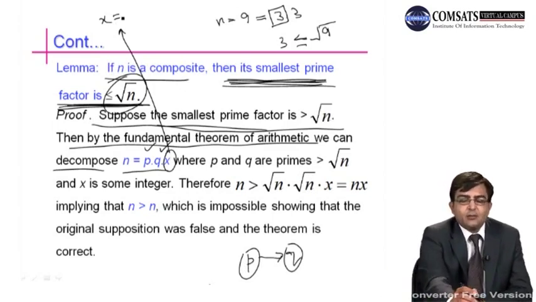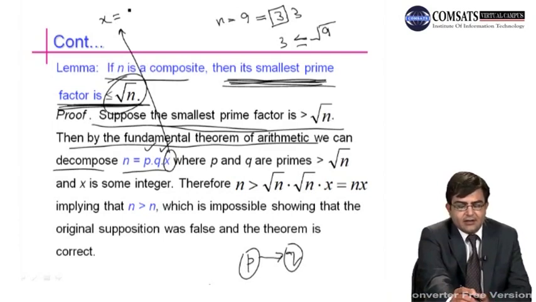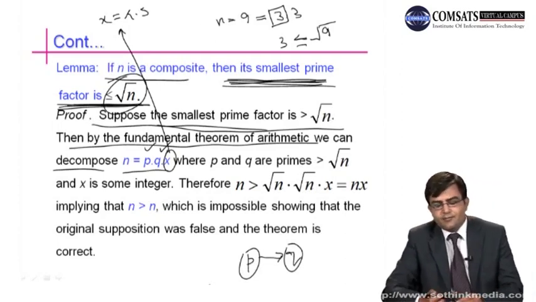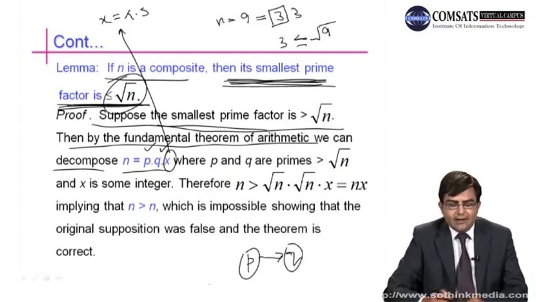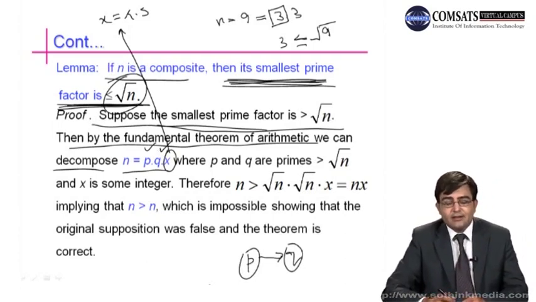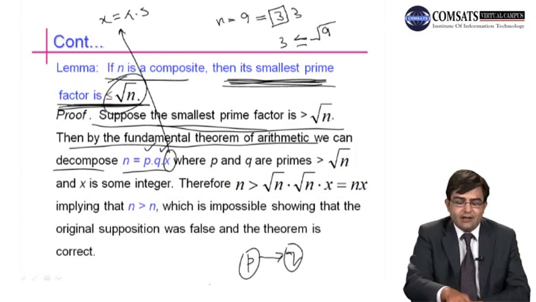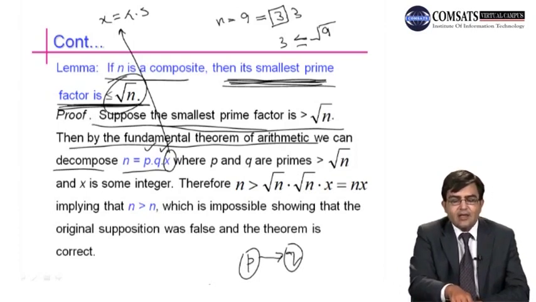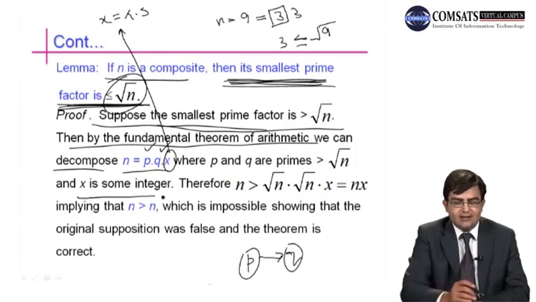Even if x is a composite number, then x can be written as a product of primes, for example r into s and so on. So we have applied the fundamental theorem of arithmetic here, but not completely, as we have not said what x is. We have said here that x is some integer.